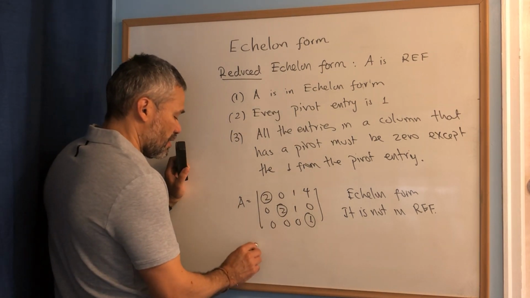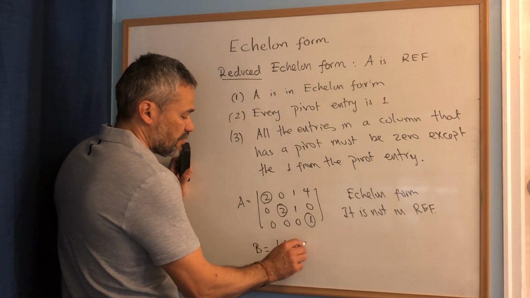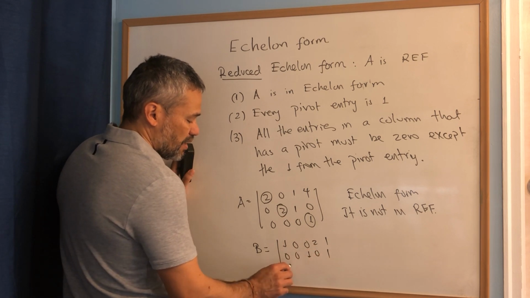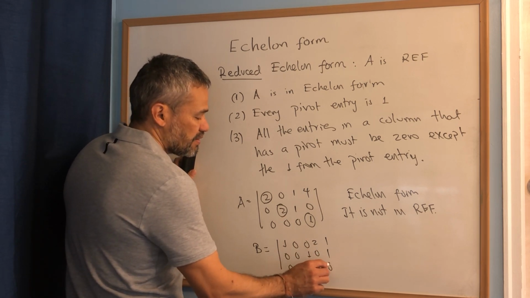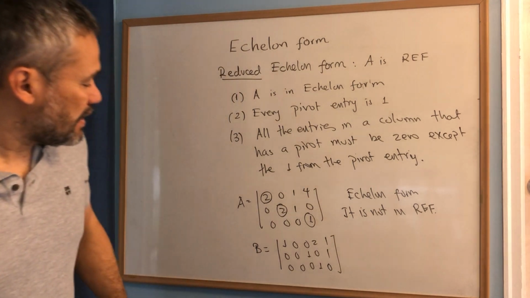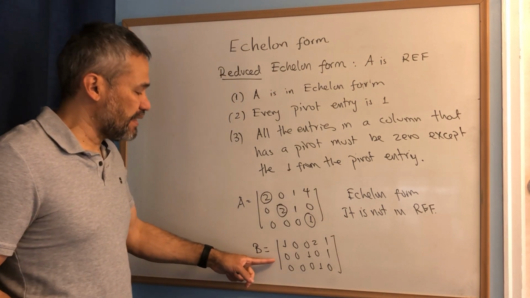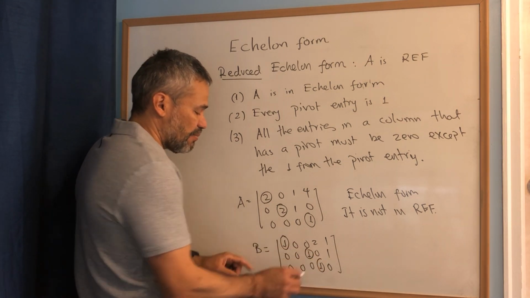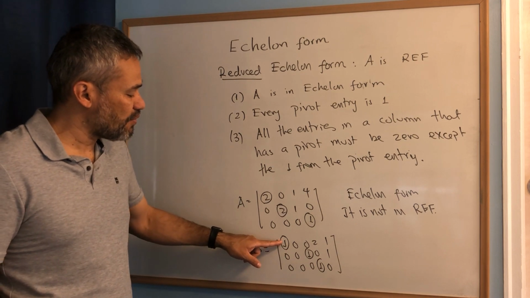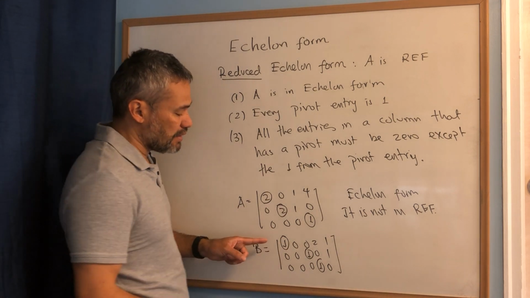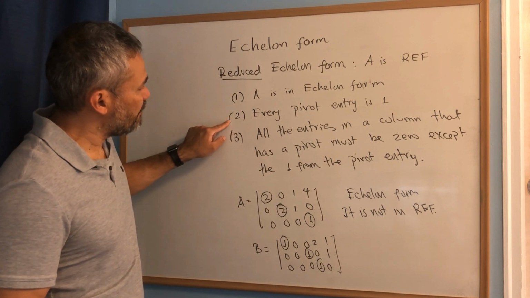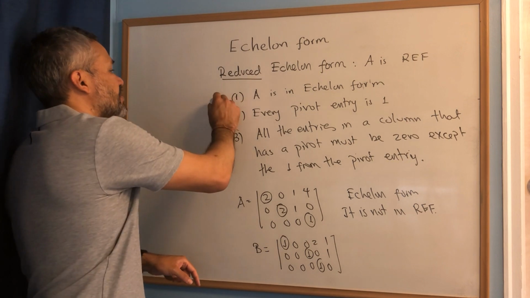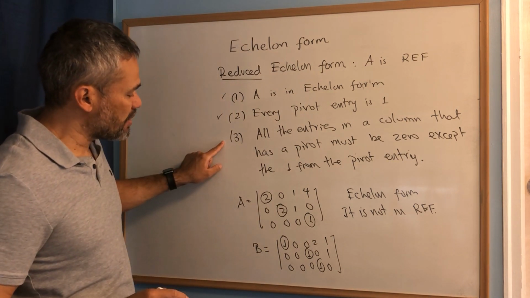If we have B equal to 1, 0, 0, 2, 1; 0, 0, 1, 0, 1; and 0, 0, 0, 1, 0. In this case, this matrix is in echelon form. Remember, the pivot entry is the first non-zero entry in a row. Every pivot entry is 1, so this property is true.